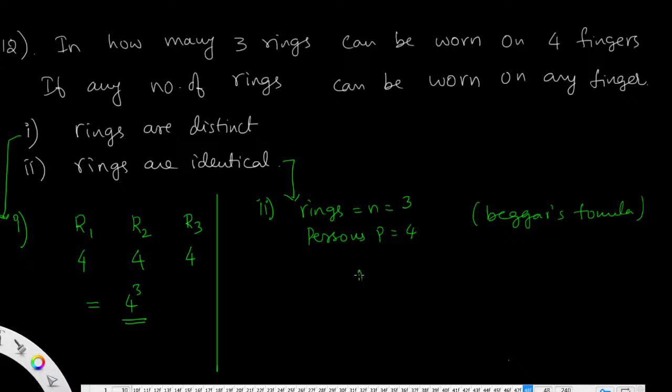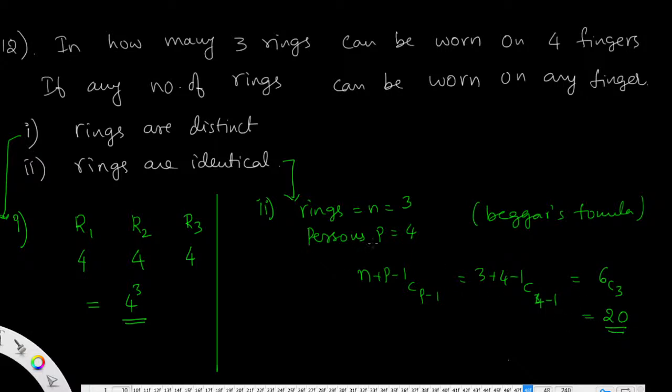The formula is n plus p minus 1 c p minus 1. That is 3 plus 4 minus 1 c 4 minus 1. Then you get here 6 c3. The options are given in the form of 20.